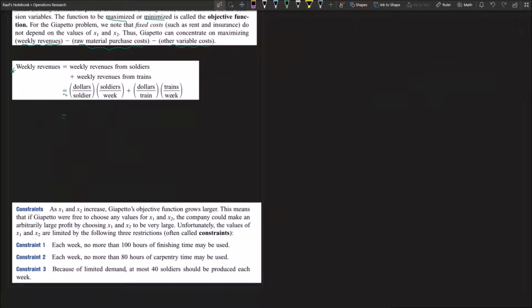So here we can translate this kind of writing into numbers. So we have 27 multiplied by x1 plus 21 multiplied by x2.